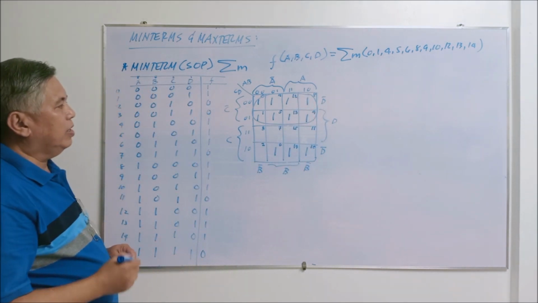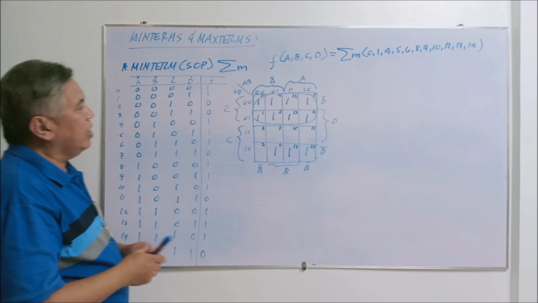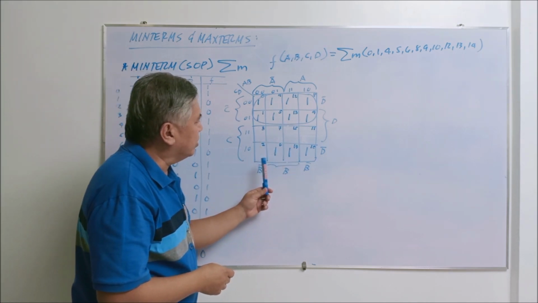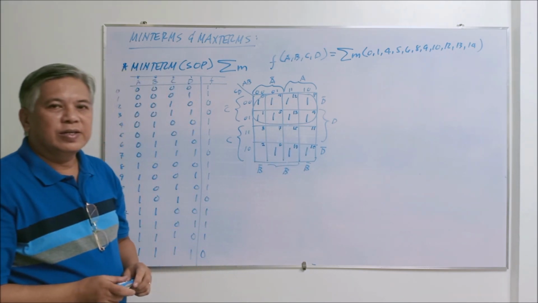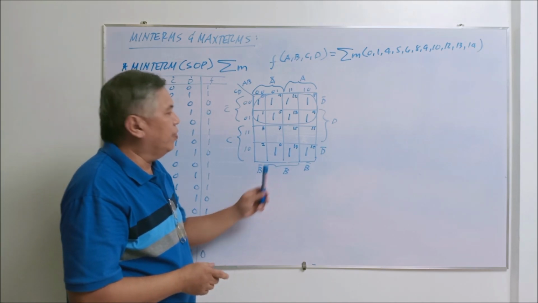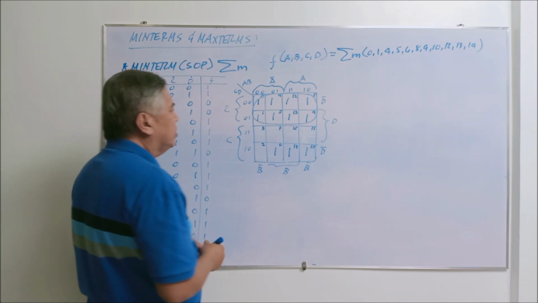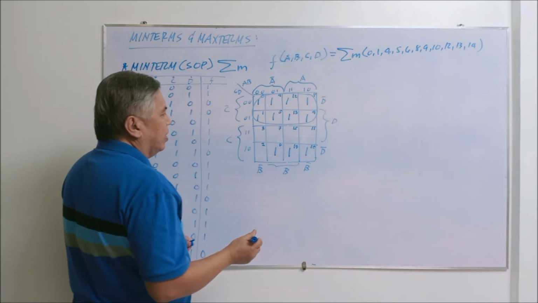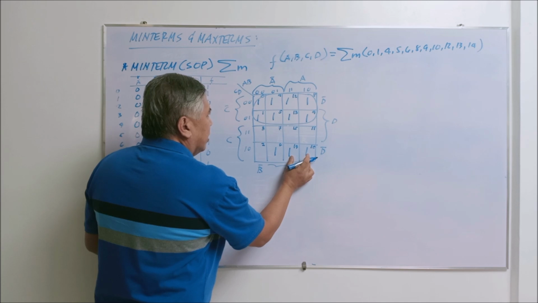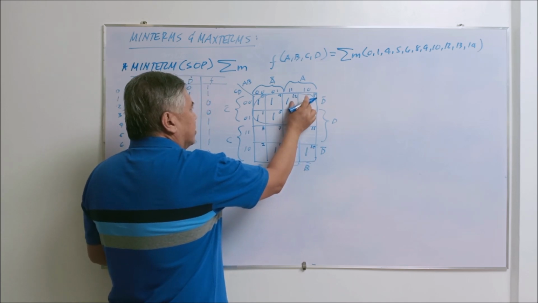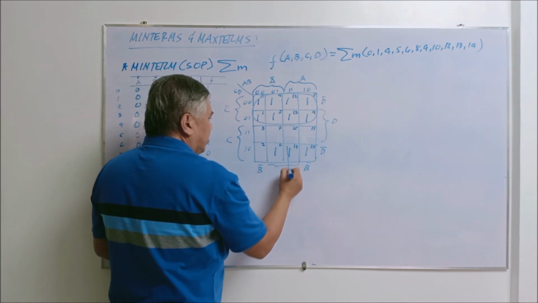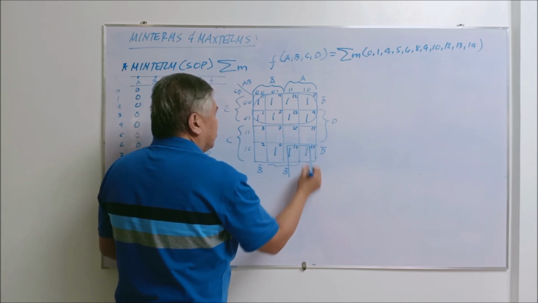Then find another 8 adjacent cells. In this case, there are none. Then we go to 4 adjacent cells. Where are the 4 adjacent cells? This one here and this one here are adjacent. So, this will be your grouping.